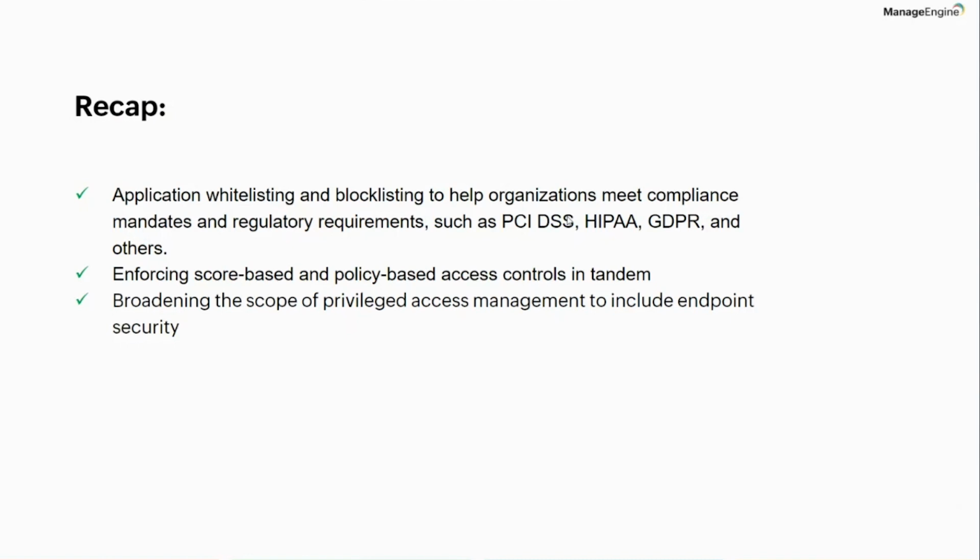Post which we have also seen how you can enforce the principle of least privilege to achieve privilege elevation, and how you can enforce just in time to allow application level access to the users in the endpoint. And then we discussed how you can create policy based access control to understand the security posture, and based on that you can define various policies to allow controlled access to the users and also the endpoints.